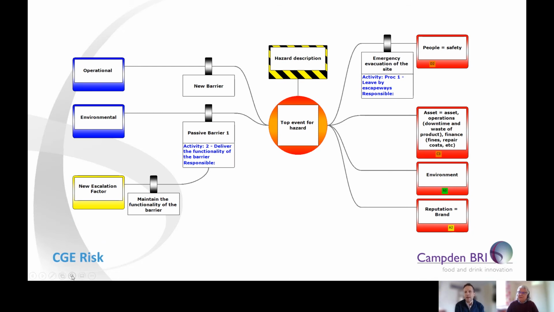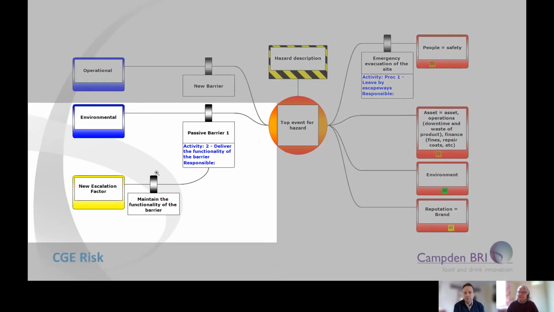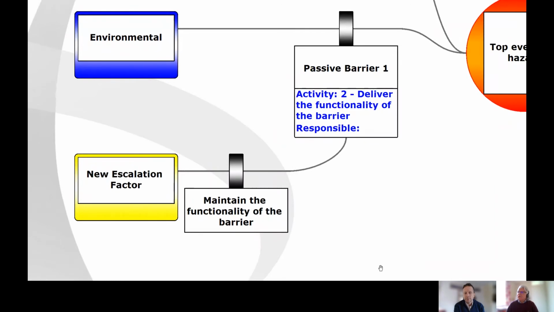And so, in many respects, in terms of adding the detail, we could actually look at a barrier. And I think then we can underpin the activities or the procedures that allow that barrier to function effectively.